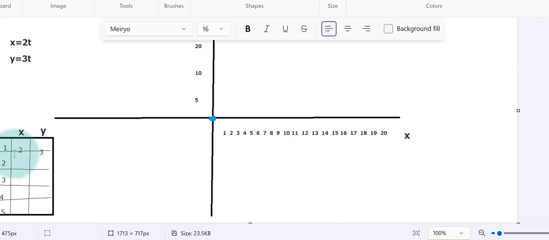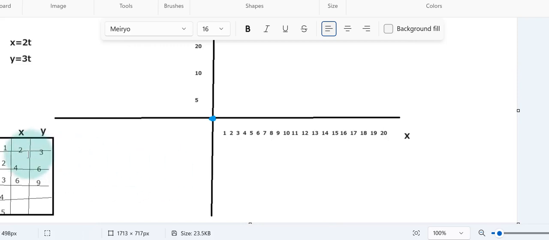And when t is equal to 2, x is equal to 4 and y is equal to 6. And when t is equal to 3, x is equal to 6 and y is equal to 9, and so on. Okay, so let's try and plot some of these.